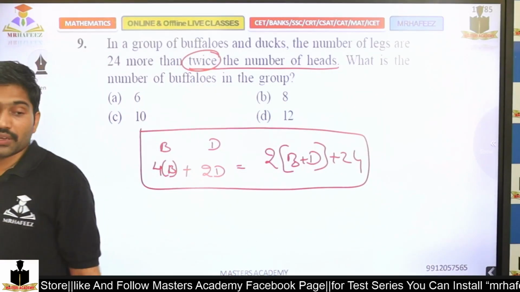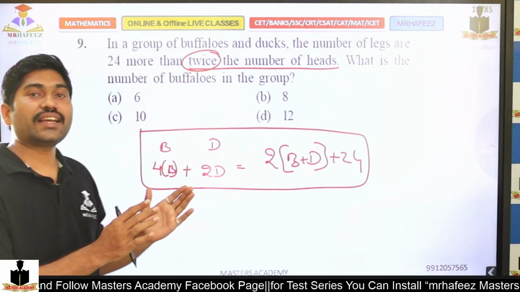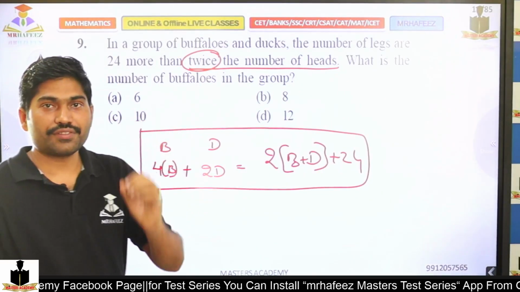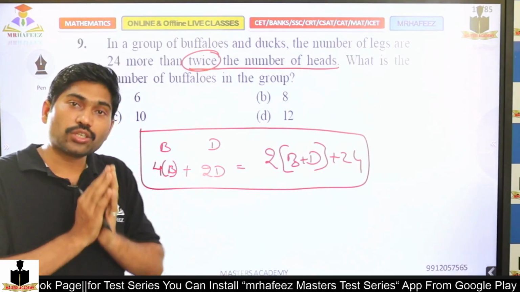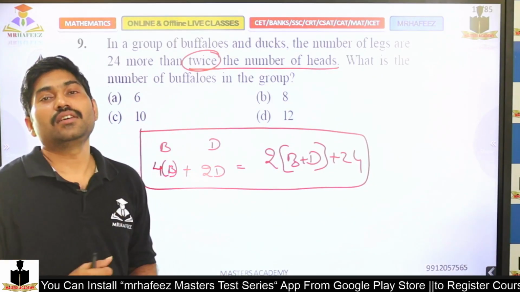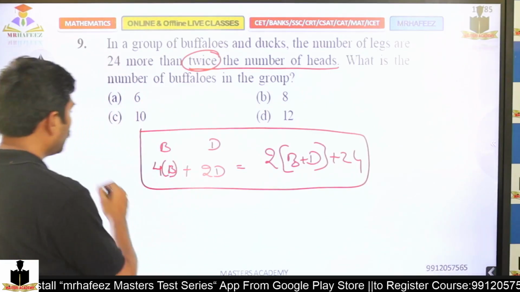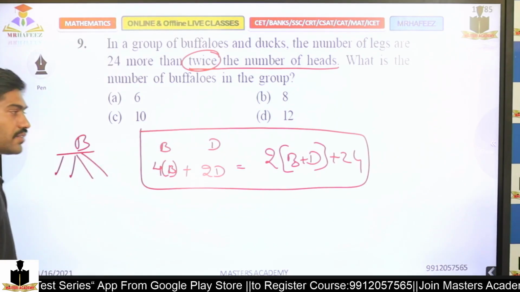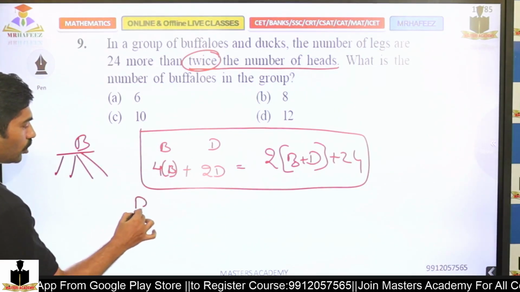I am repeating again. Very simple. In a group there are buffaloes as well as ducks. Number of buffaloes into 4, you will get legs of the buffalo, because buffalo have 4 legs, and a duck consists of only 2 legs.